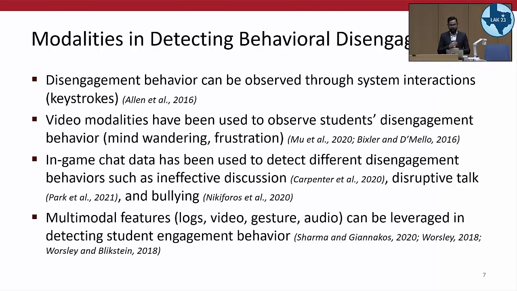In-game chat data has been leveraged to build models to detect particular types of disengagement, such as ineffective discussions or disruptive talk. Other work has used multiple features, such as video, audio, and gestures, together to detect engagement or disengagement behaviors of students. But limited work has investigated the multimodality of the ground truths itself and contrasted on that front.